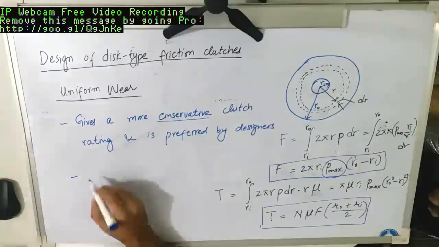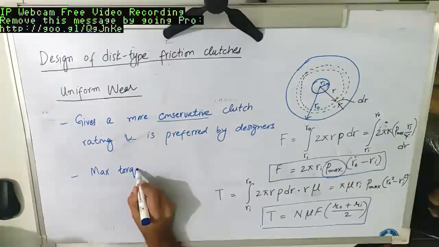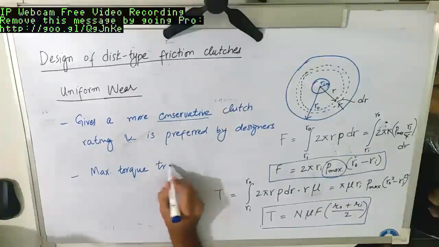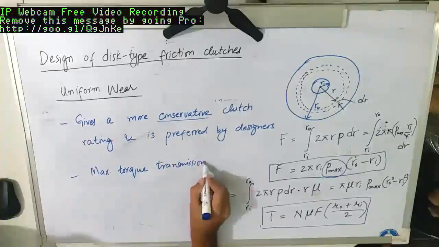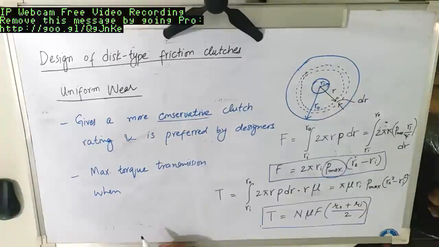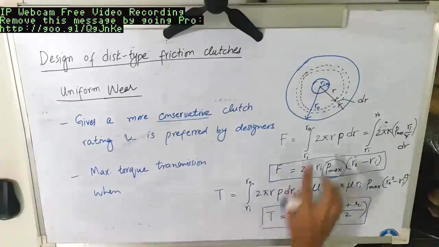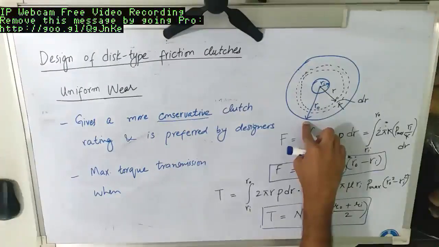Lastly, we obtain maximum torque transmission when the ratio of the inner to outer radius is 0.577.